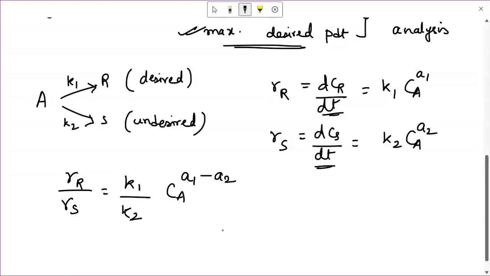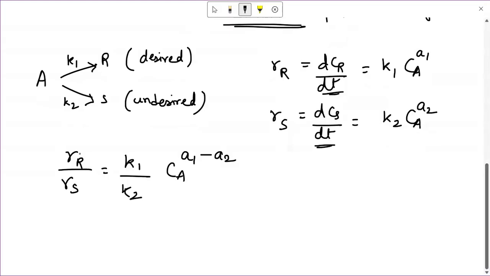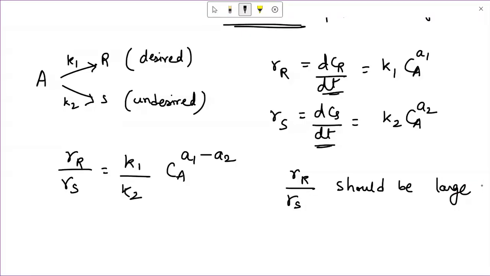Our target, if we want to maximize the desired product R, is that this rR by rS ratio should be as large as possible. Here the only controlling factor that you can manipulate is CA, because K1, K2, a1, a2 are all constants for a specific system at a given set of temperature conditions.